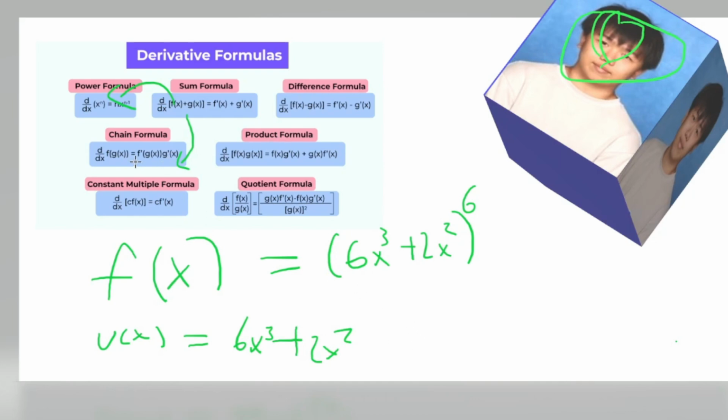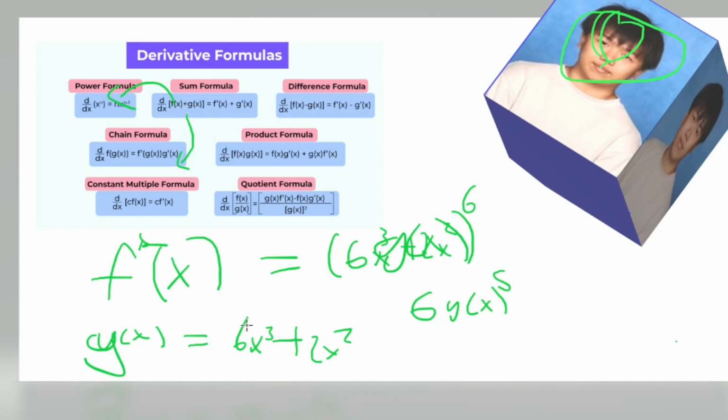Now, if we use the chain rule, or actually, I'll just make it g of x. We use the chain rule. This is f of x, but f of x is really just g of x to the 6, right? So we would use f prime, and since g of x to the 6 is f of x, f prime would be 6 g of x to the 5th, right?